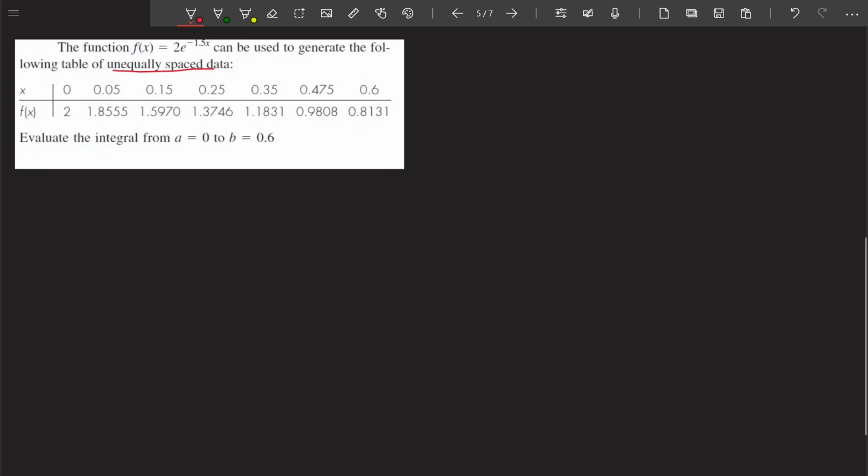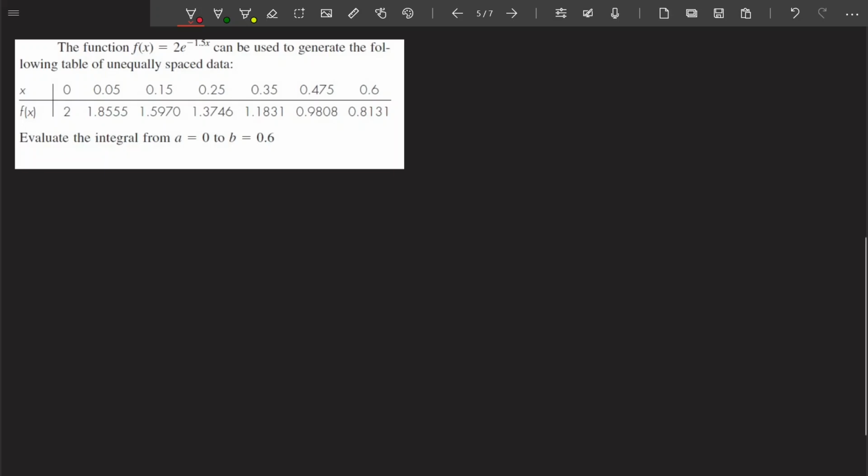Basically these types of problems are even simpler than the previous problems because the values of x and f(x) are already given, so you don't have to take the pain of finding the value of f(x). This is a special category of problem where the data is unequally spaced.